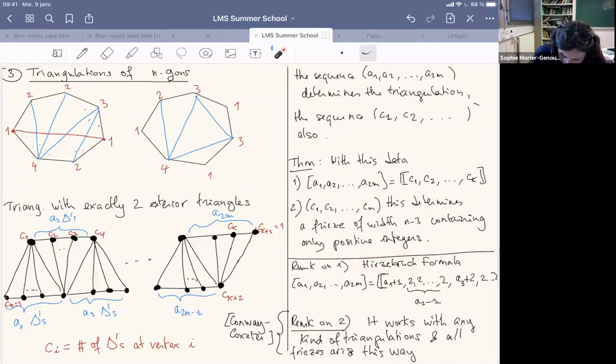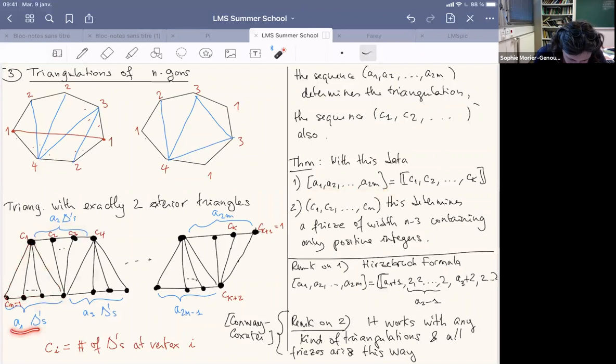At this time, what we said was that if I make some counting on this picture, on the triangulation, the rational number that I can compute with a sequence of A's that counts triangles with base down, triangles with base up.